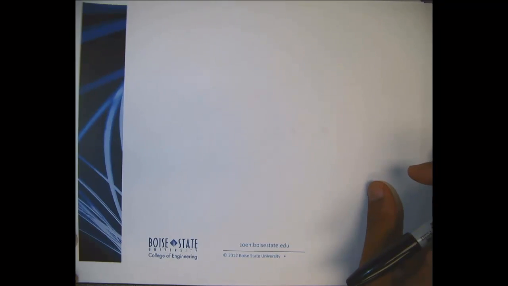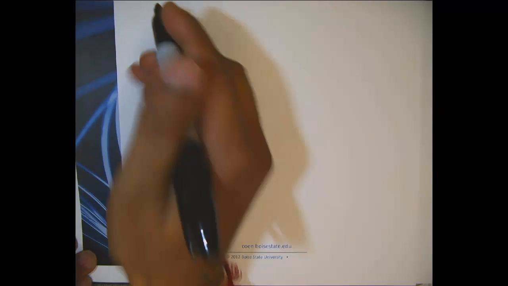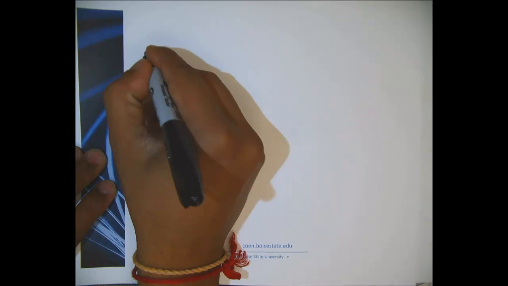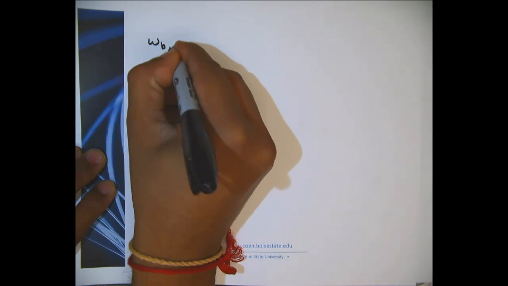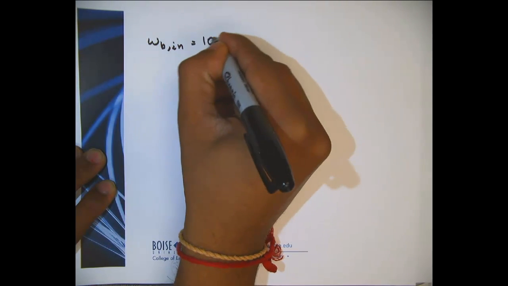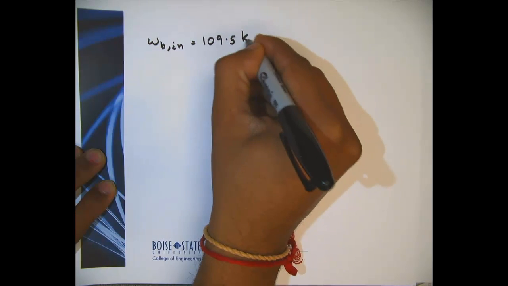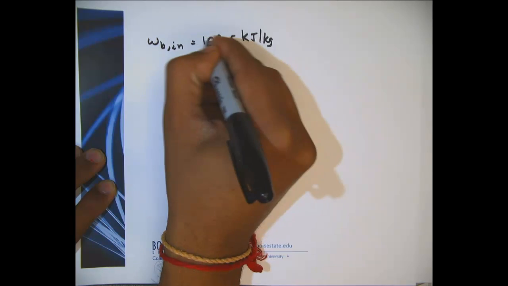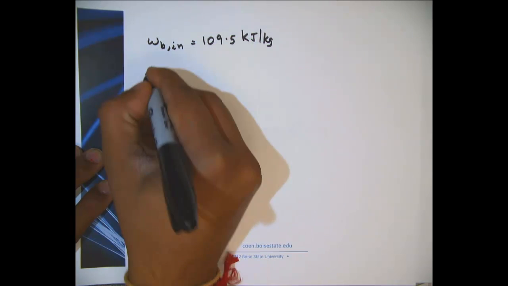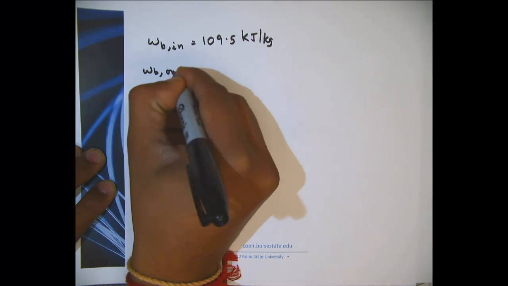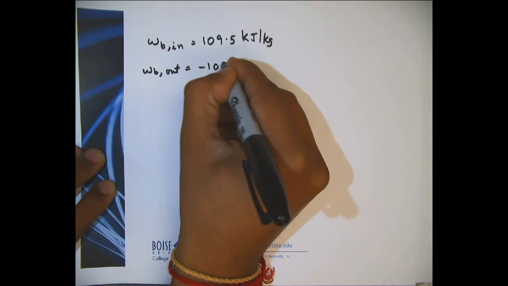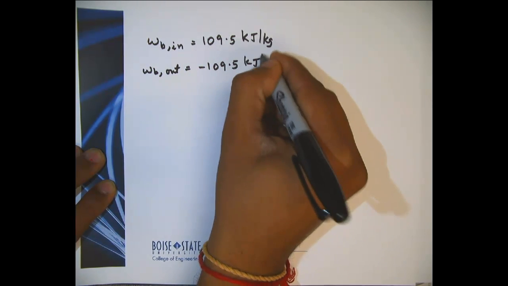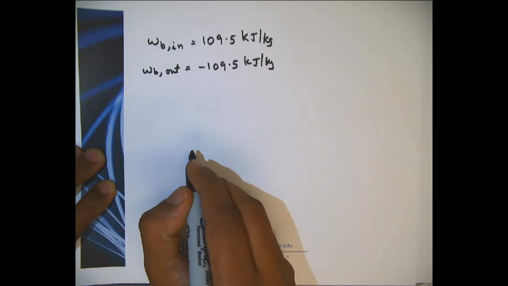And I'm sure you guys are good with calculators, so I'll let you punch in the numbers, but I can give you the answer. It would be 109.5 kilojoule per kg. And you will actually get a negative number when you do the calculation.